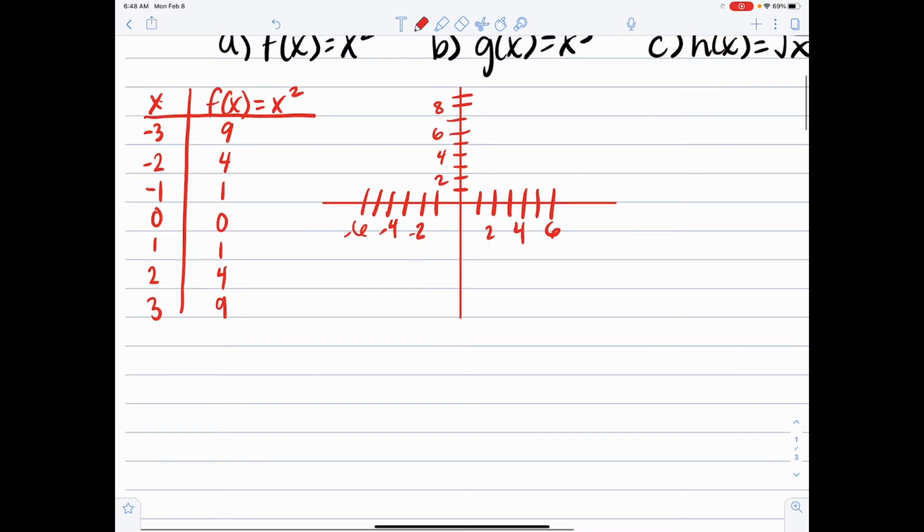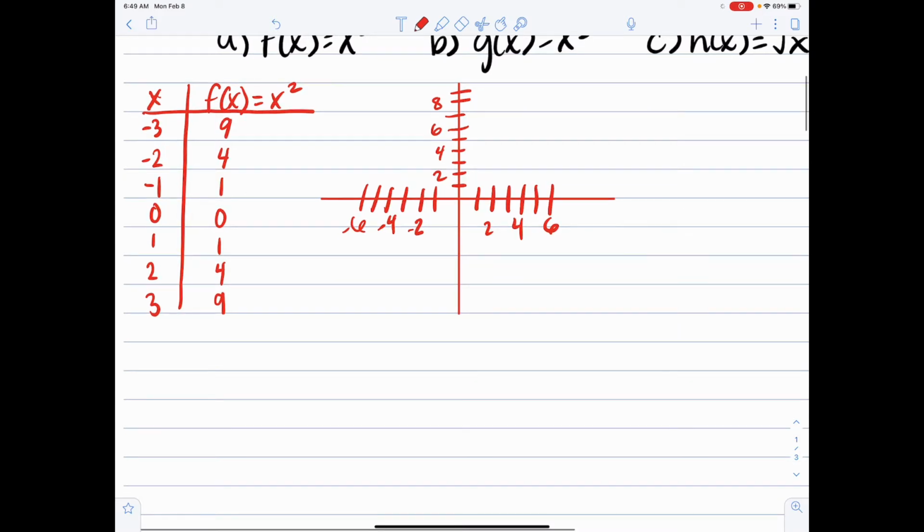So the x value, this is a point right here, so -3, 9, so -3 up to 9, -2 up to 4, -1, 1, 0, 0, the same on this side, 1, 1, 2, 4, 3, 9. And I am going to label those points. -3, 9, -2, 4, this is -1, 1.